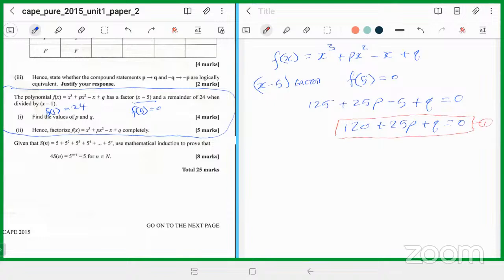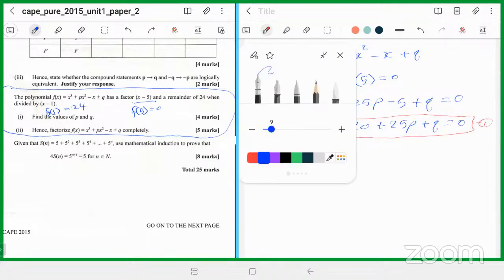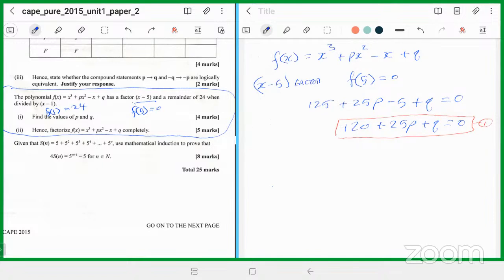Equation 1. The second part is that the divisor x minus 1 gives a remainder equal to 24. That means that f of 1 equals 24. A remainder is f of 1. They tell you that it is 24, so you equate them. We plug 1 into the function.